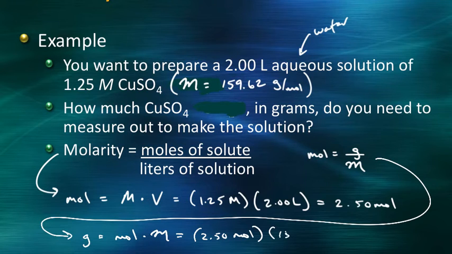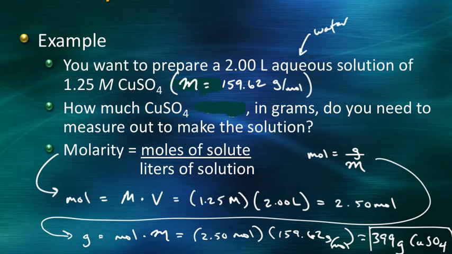The molar mass is 159.62 grams per mole. And that's going to give us, to three significant figures, 399 grams of CuSO4.